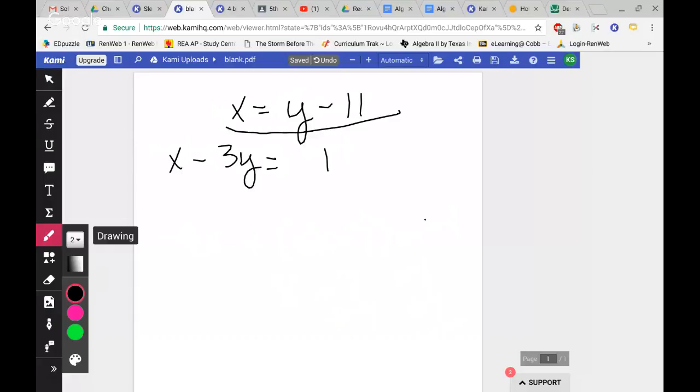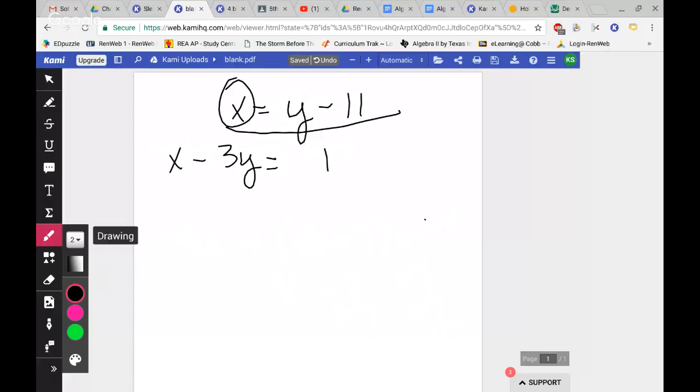So that means that x equals y minus 11. So anywhere there's an x, I can substitute y minus 11, right? Does that make sense? So it's whatever that variable is right here. That's what you're substituting. Whichever one is all by itself, that's what you're substituting in.